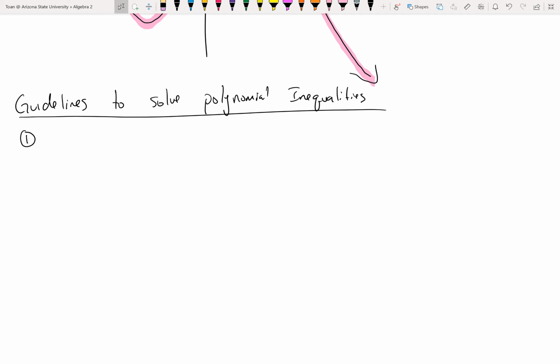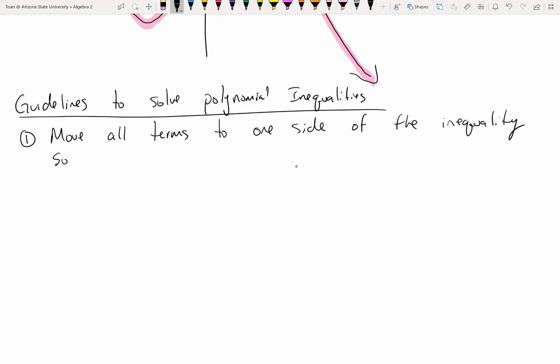Anytime I solve a polynomial inequality, I want to make sure you have 0 on one side. So you want to move all terms to one side of the inequality so that you have a 0 on one side.